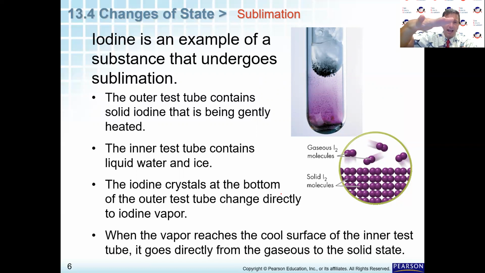I would have a spot plate on top of the small beaker, so the gaseous iodine would come up to that spot plate, condense, and re-solidify. So it goes from solid to gas and back to solid. That is another substance that undergoes sublimation. Carbon dioxide and iodine are two examples of solids that undergo sublimation, meaning their vapor pressure is higher than the atmospheric pressure.